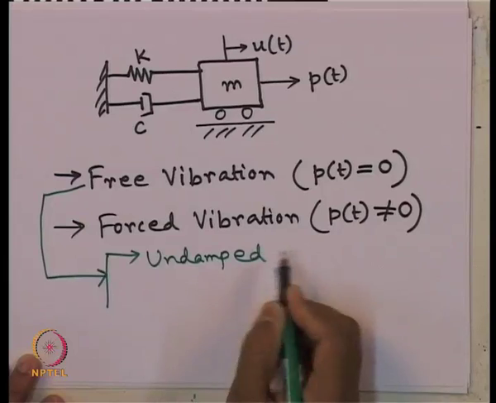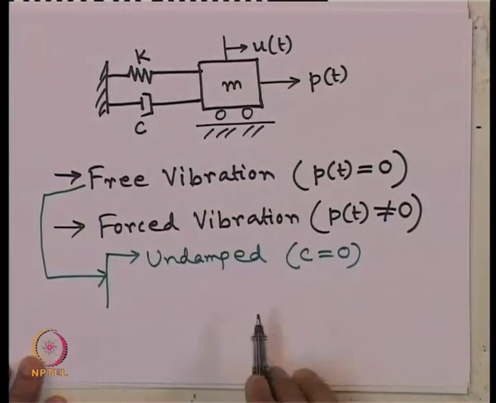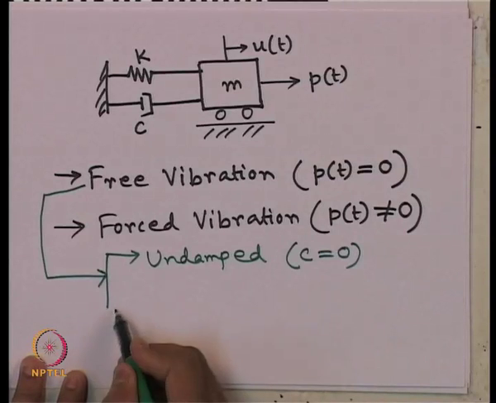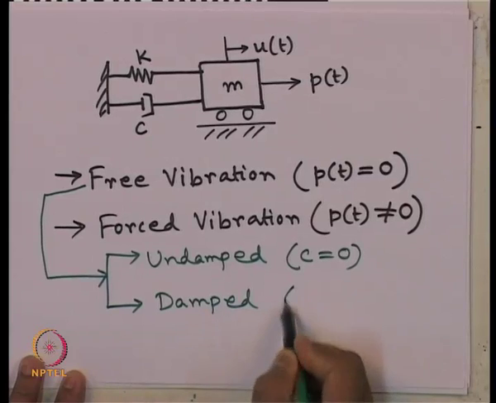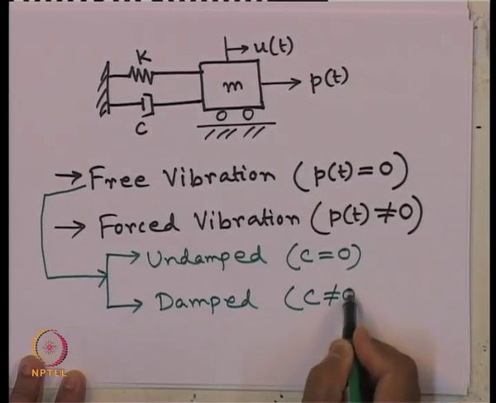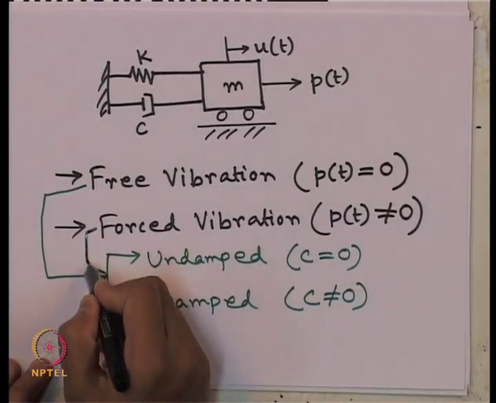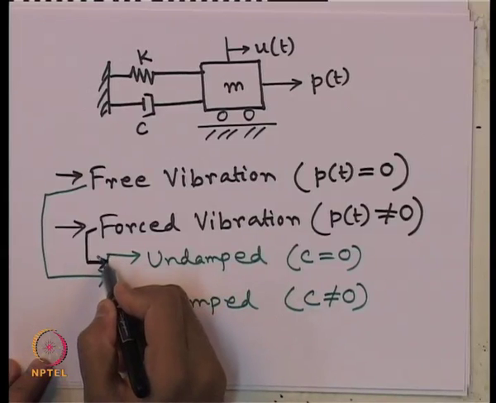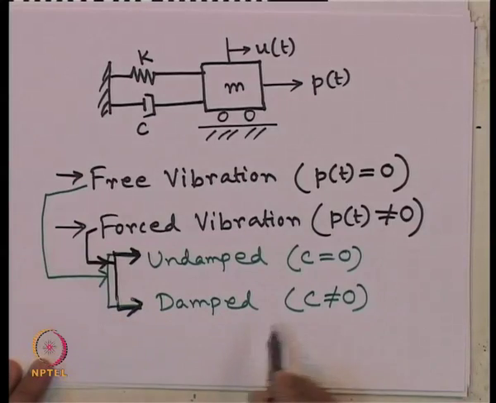Undamped means when this damper is not present, so there is no damping effect, c equals 0, and another is damped, that is c is present, not equal to 0. Similarly, for forced vibration also we can have the same two conditions, that is undamped and damped.